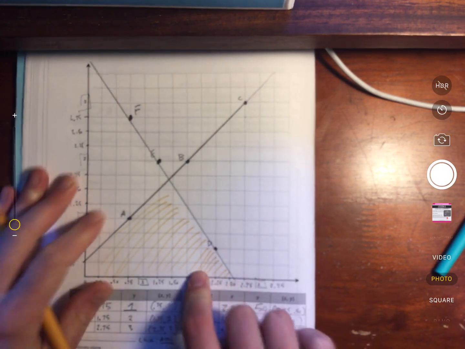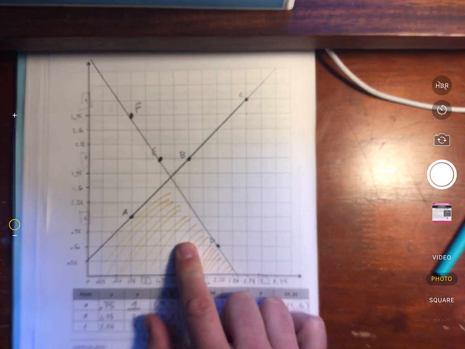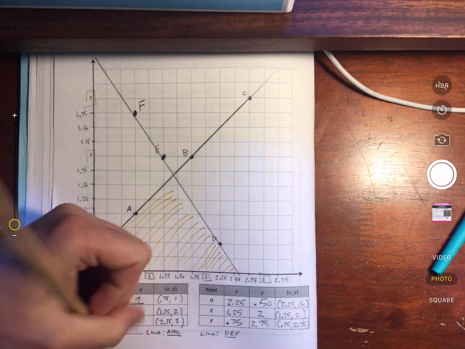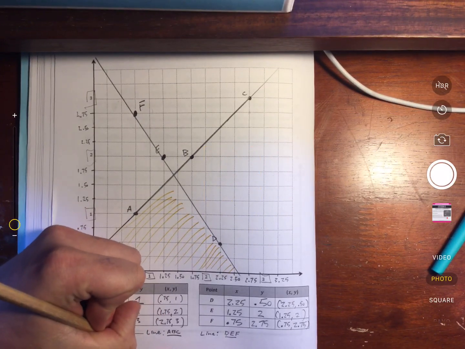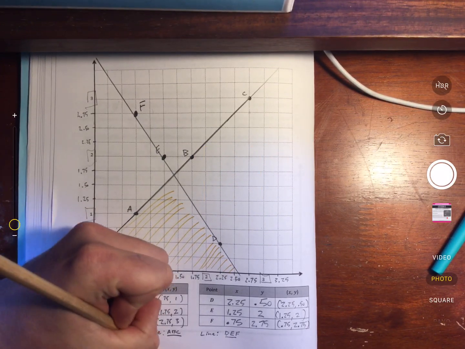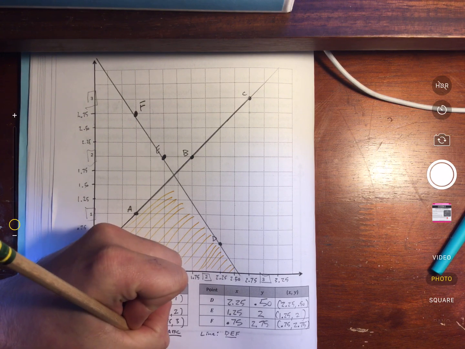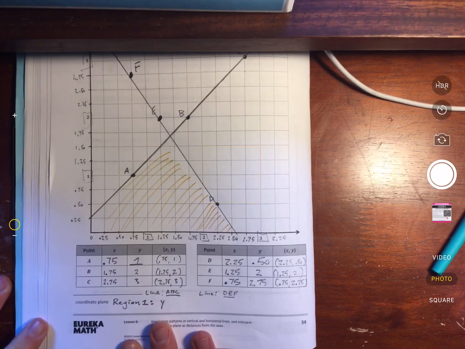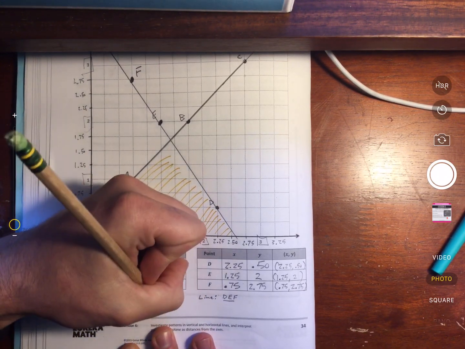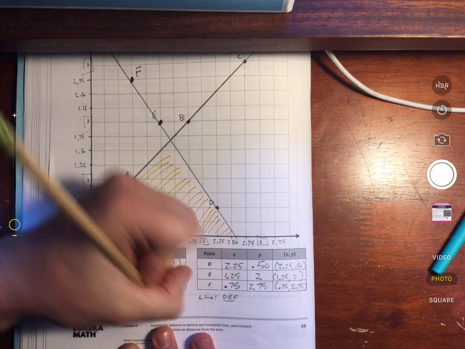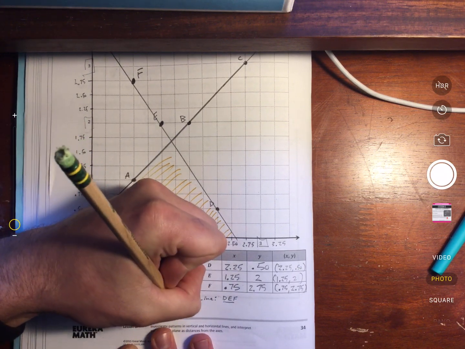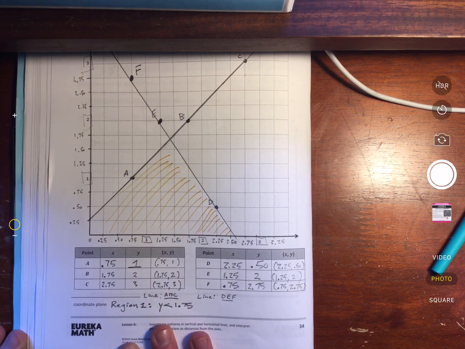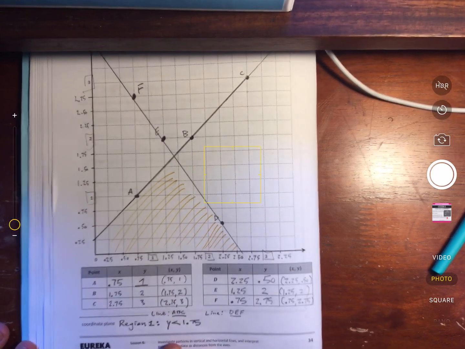Okay, and so that would be an example of shading in one region. Okay, and so I'll write that over here. So our first region, region 1, our y is going to be less than 1 75/100. Okay, I'll shade in one more region here too.